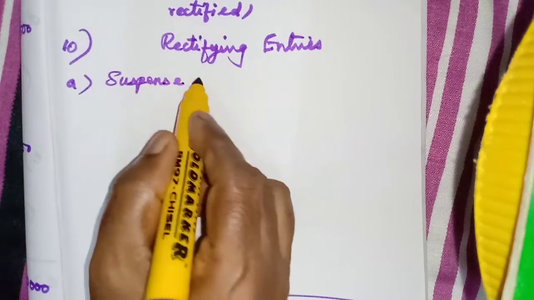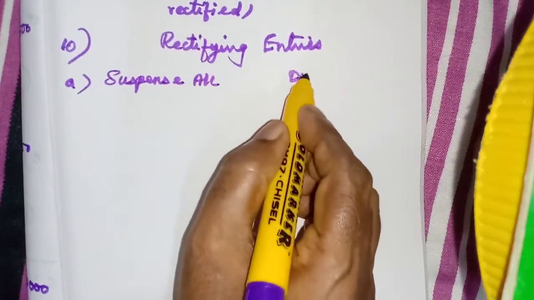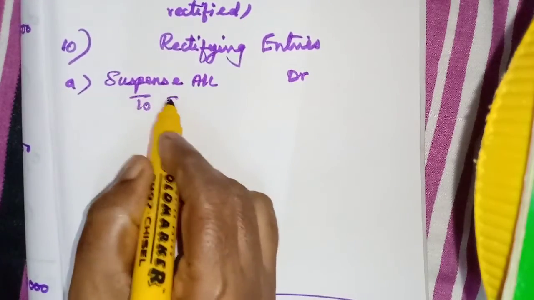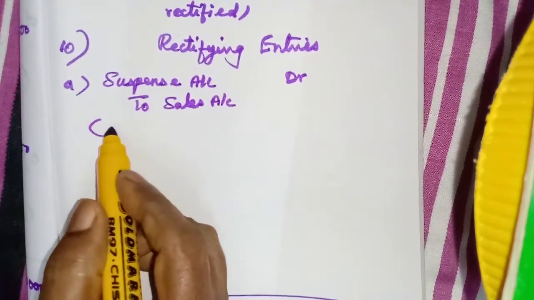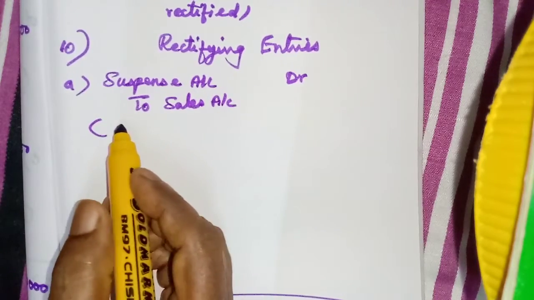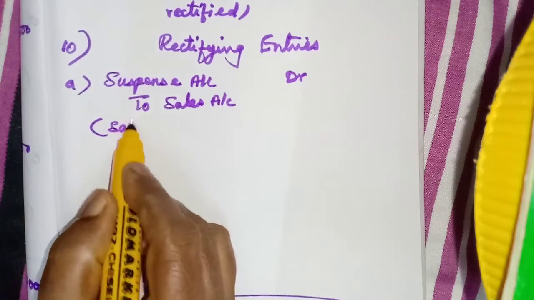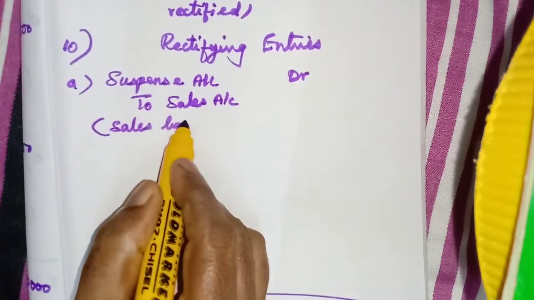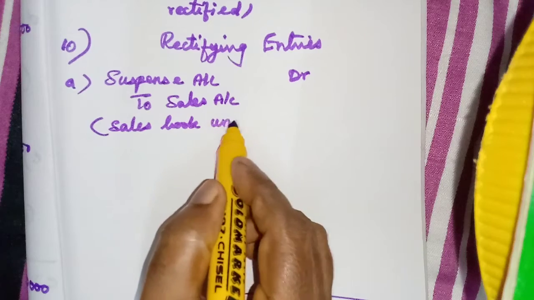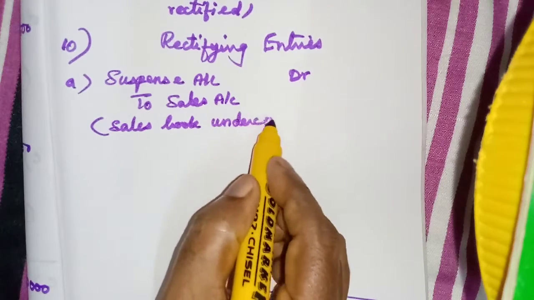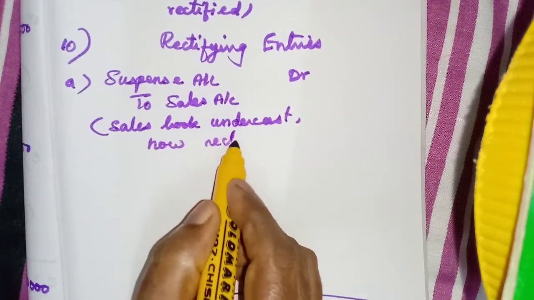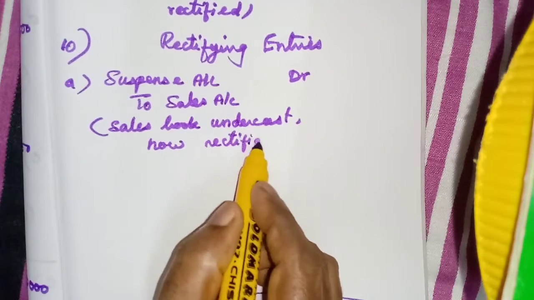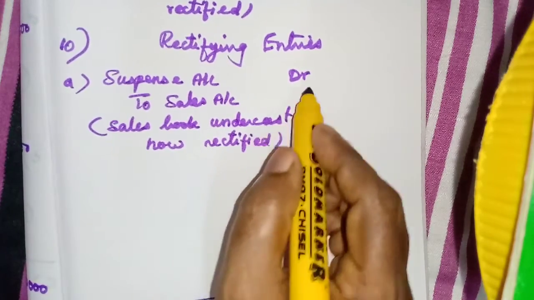So suspense account debtor to sales account. Sales book undercast, now rectified, 350.